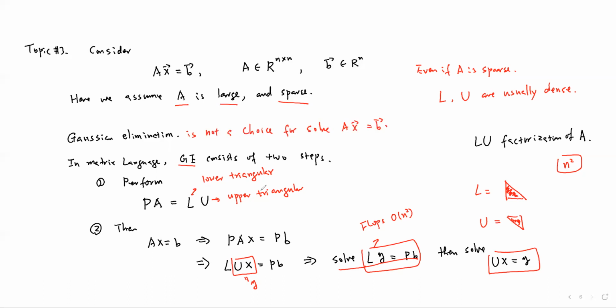Because of the storage problem, people usually don't choose Gaussian elimination to solve a large and sparse linear system. Then what method do people usually choose? Iterative methods. Okay, iterative methods usually require much less storage than Gaussian elimination.